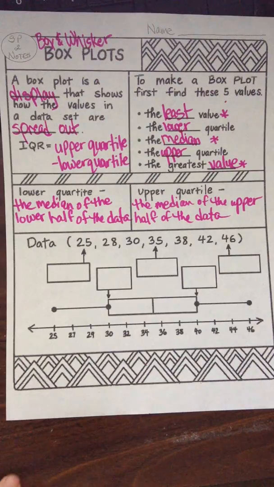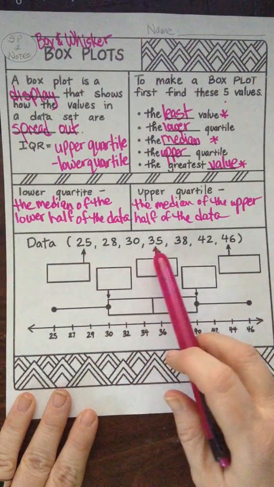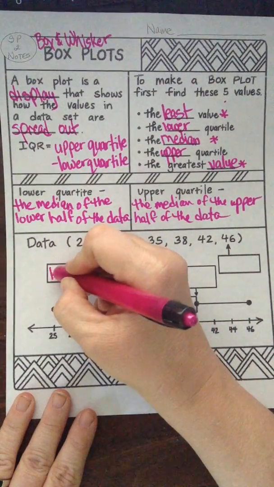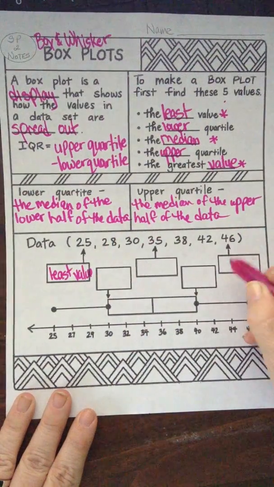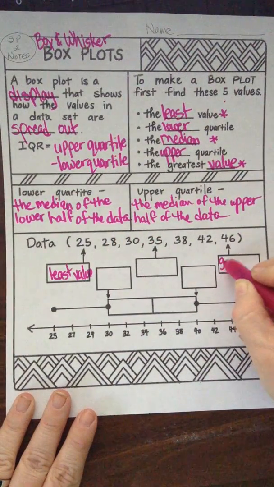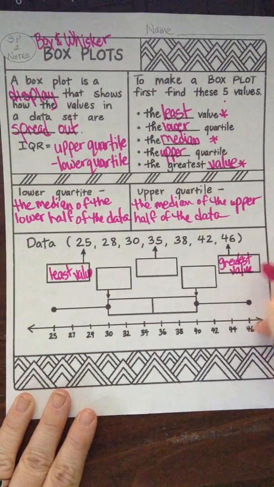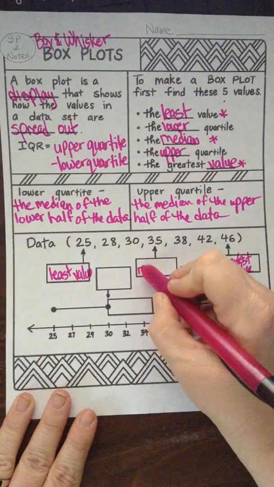Here we go. We have a set of data here, 25, 28, 30, 35, 38, 42, and 46. Oh, yay. They put it all in order for us. So this one obviously is the least value. And this one is obviously the greatest value, right? Smallest number, biggest number. And this one is our median.